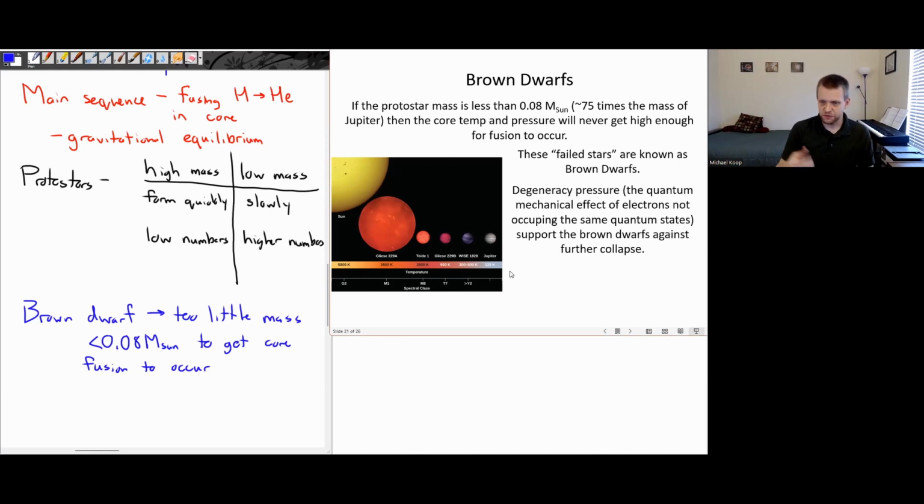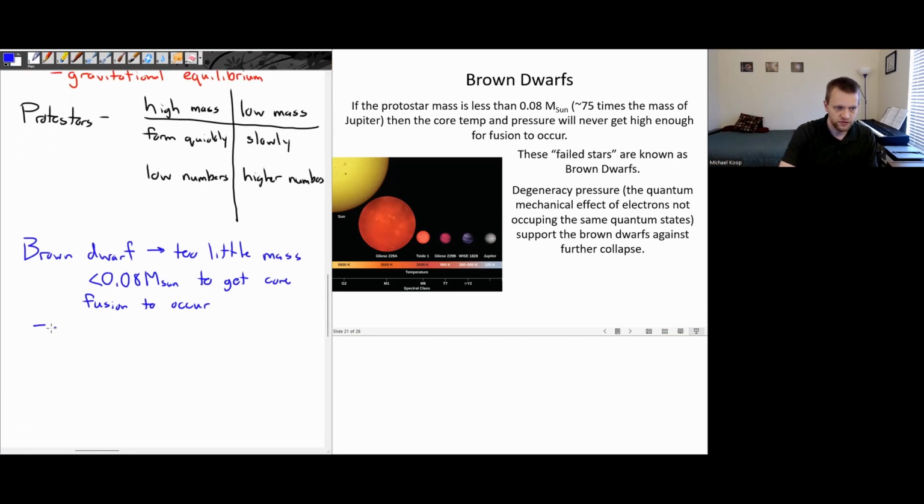And the thing that supports them against collapse is something that I mentioned in the topic on the HR diagram when we talked briefly about white dwarfs. These brown dwarfs are supported by this electron degeneracy pressure. So the cores are supported by electron degeneracy pressure.